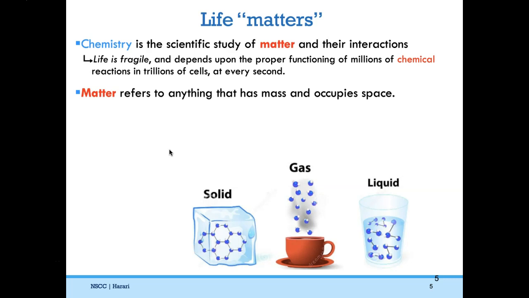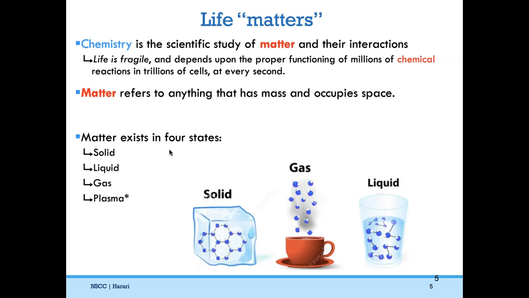Regardless of whether you're alive or not, matter refers to anything that has mass and occupies space. So the air that we're breathing, the liquid that you drink, the lava that comes from a volcano, they're all made of matter. And matter exists in four states. There are three primary states, solid, liquid, and gas. Those are ones that you've heard before. Plasma is another category of matter, and that's very hard to find on Earth.